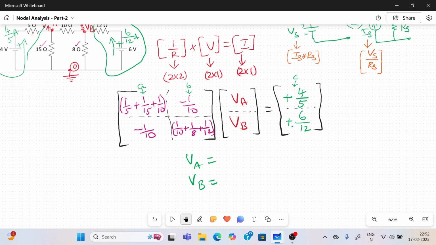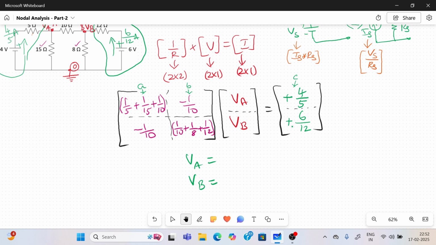Okay, so what is your A1? A1 is 5 inverse plus 15 inverse plus 10 inverse. Then B1 is minus 10 inverse. Then the current is 4 divided by 5.